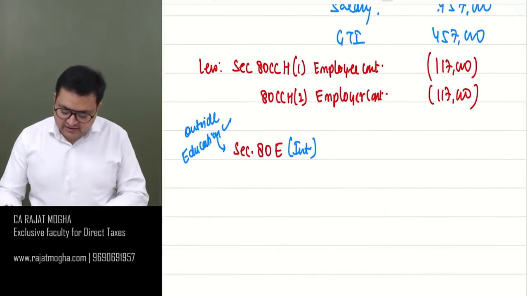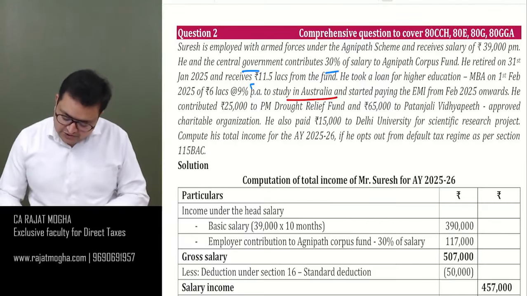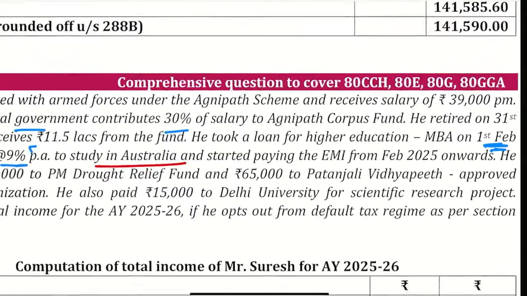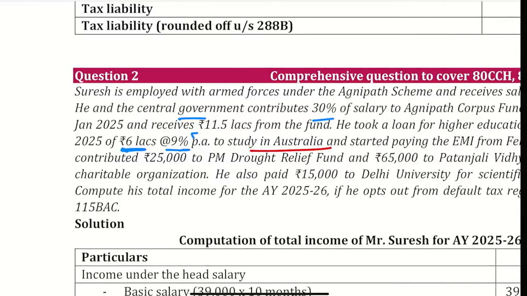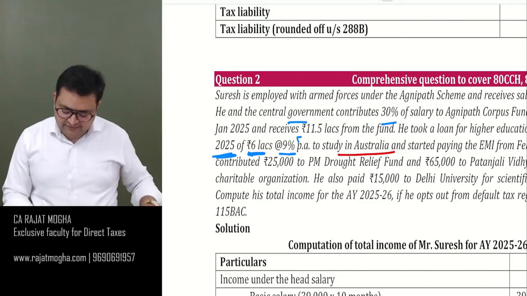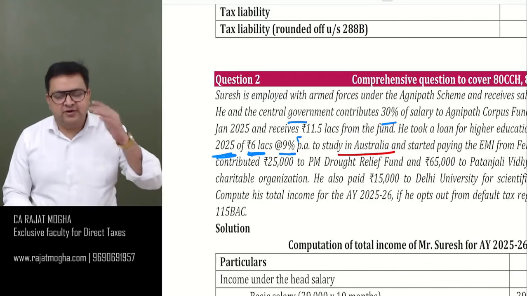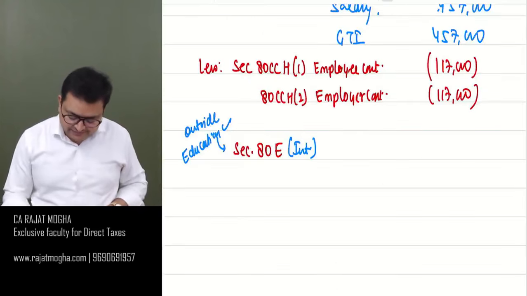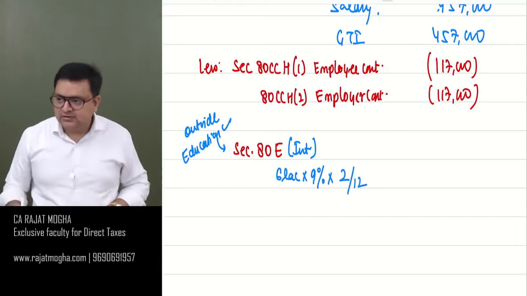So 80E, we will get how much? 6 lakh rupees we have taken a loan, at 9% per annum. And we have taken this loan on 1st February 25. So it means, guys, we would have paid the loan for only 2 months, February 25 and March 25. So 6 lakh into 9%, 2 months out of 12 months.